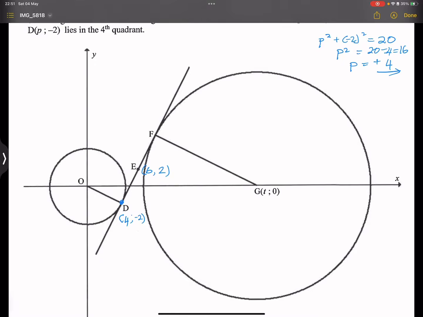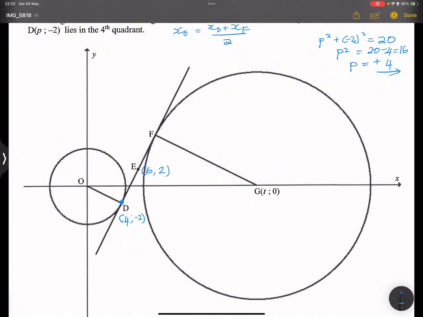Now remember, from our midpoint formula, it means that the x value at E will be equal to the x value at D plus x value at F, divided by 2.